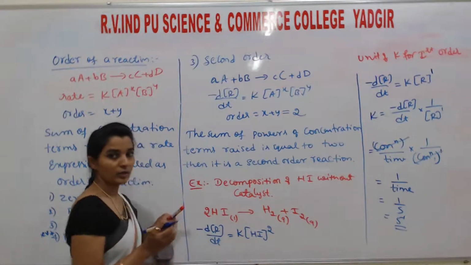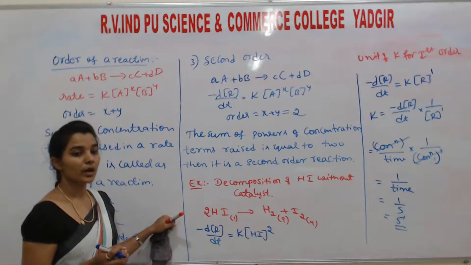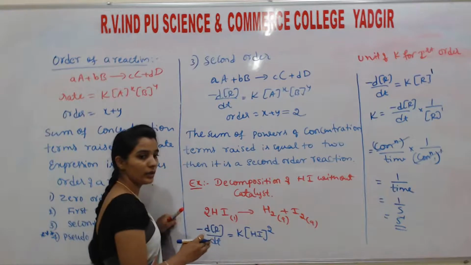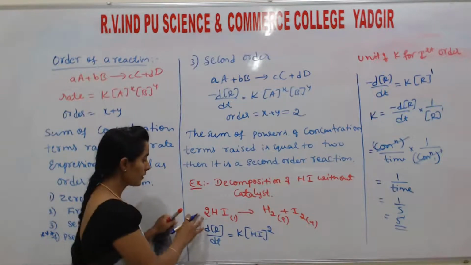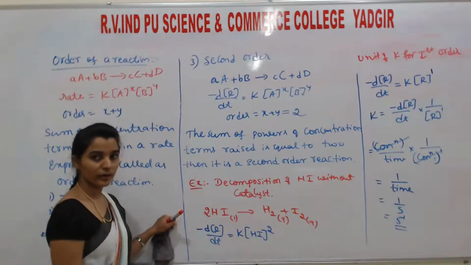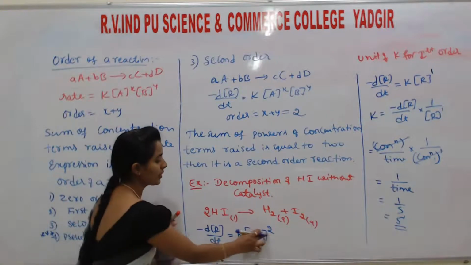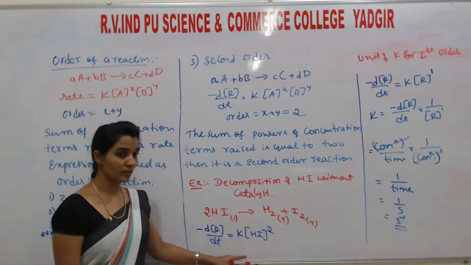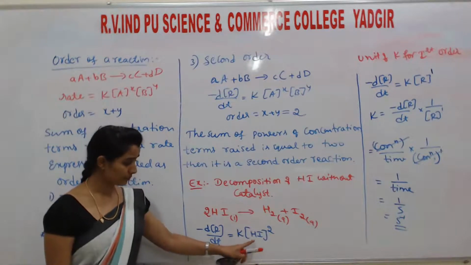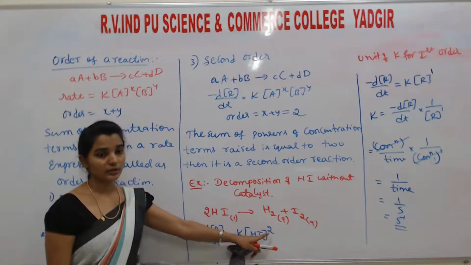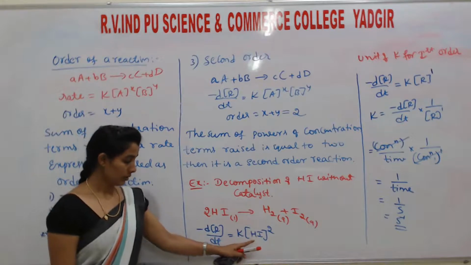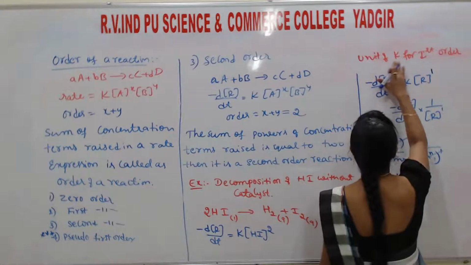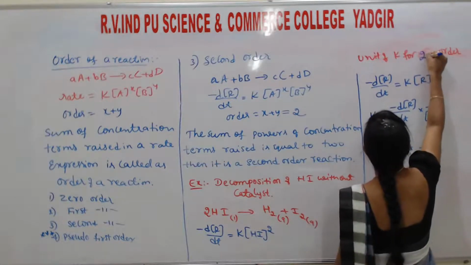As I told you, the order of the reaction may or may not be equal to the stoichiometric coefficient. In the earlier example, the first order reaction, the coefficient and the order were different. But here, both the coefficient and order are the same. So the second order reaction always means the sum of the powers of the reactants is 2. Okay.